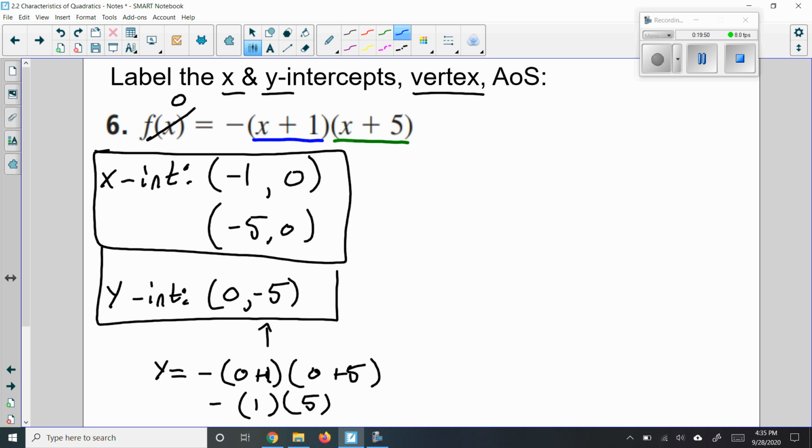So what's the average of negative 1 and negative 5? Well, I just add the 2 and divide by how many I have. Negative 1 plus negative 5 is negative 6. So the vertex has an x-coordinate of negative 3.